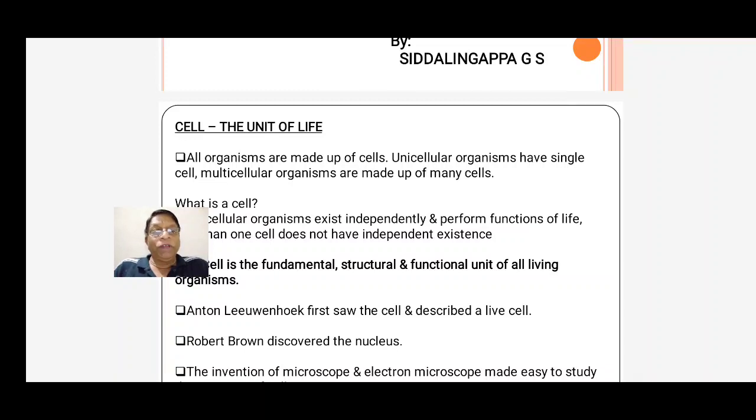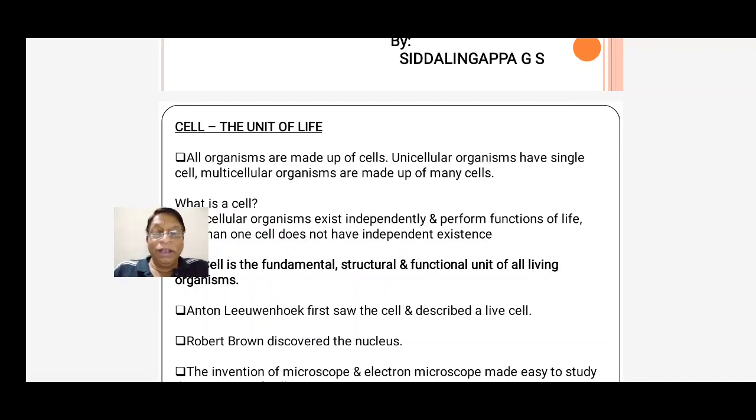Perform functions of life means all the activities of the cell, that is metabolic activities, take place in the cell itself. Suppose less than one cell does not have an independent existence.